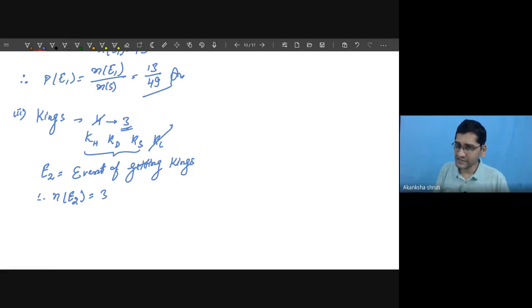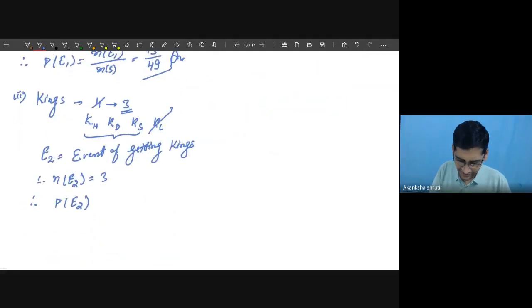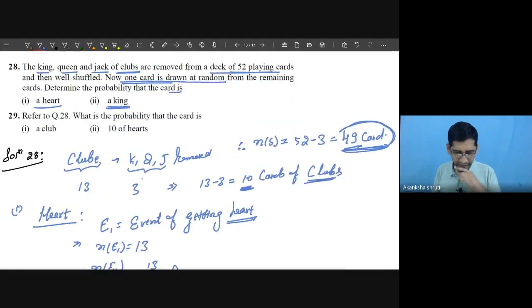So we have to write this 3 only. Therefore, the probability of this event E2, keep in mind, the total 3 cards are removed. You are playing with 49 cards only. So NS still remains the 49. So it becomes 3 by 49. This one is the answer. So this way we just have to understand which one is removed and what are present, which one to be drawn. It was this one.